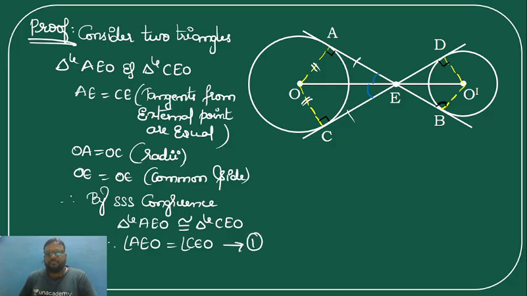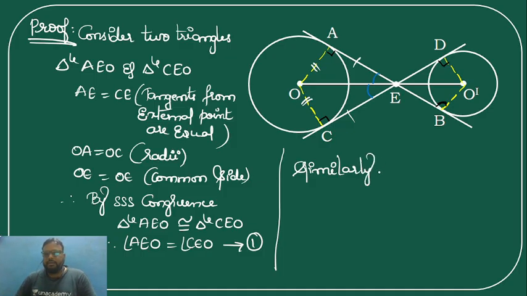Let us name this as equation 1. Now similarly, I'll take one more pair of triangles, DEO dash and BEO dash, just how I took this one.